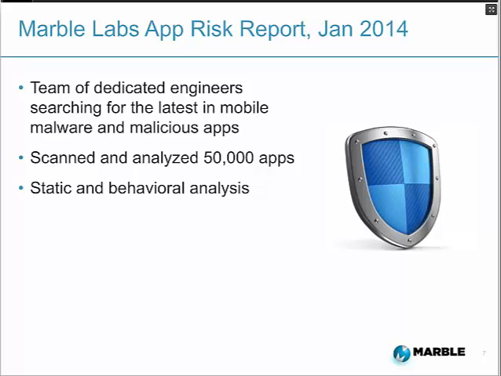This report is based on 50,000 apps that we scanned in January, and we are doing this scanning based on static and dynamic behavioral analysis. So this is static analysis of apps. It is also running apps in sandboxed environments that are instrumented and patched so that we can tell what behaviors the apps are exhibiting, what kind of data they're sending out, even if it's encrypted.